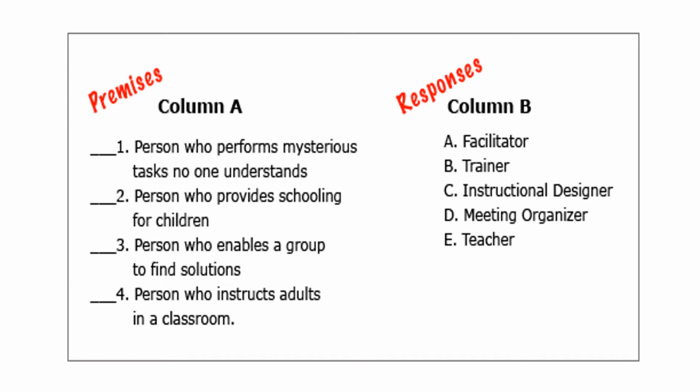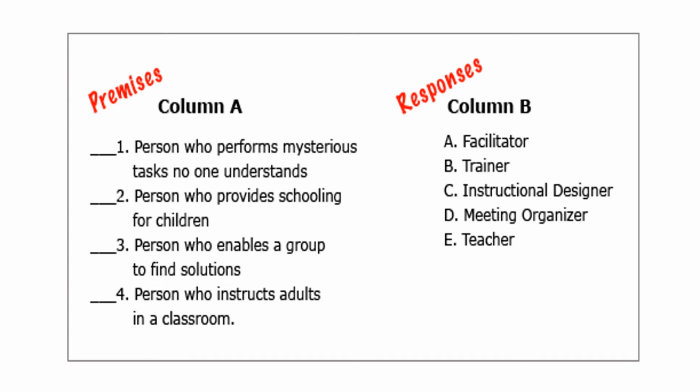The third important thing that I want you to recognize here is that the premises usually are numbered. We use numbers 1, 2, 3, 4 with them, while with the options in column B we are not using numbers.